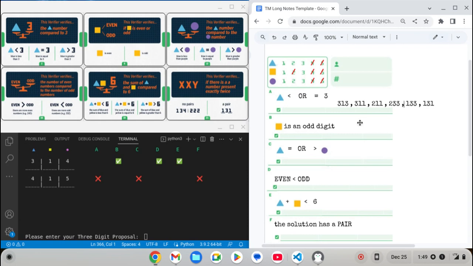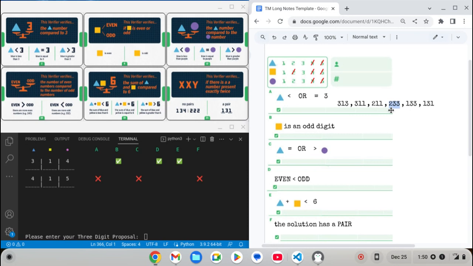Oh, maybe, you know what? Maybe I overlooked something. Yeah, triangle cannot be smaller than circle. So the first cannot be smaller than the last. Equal, greater, greater. So 2, 3, 3 also fails.